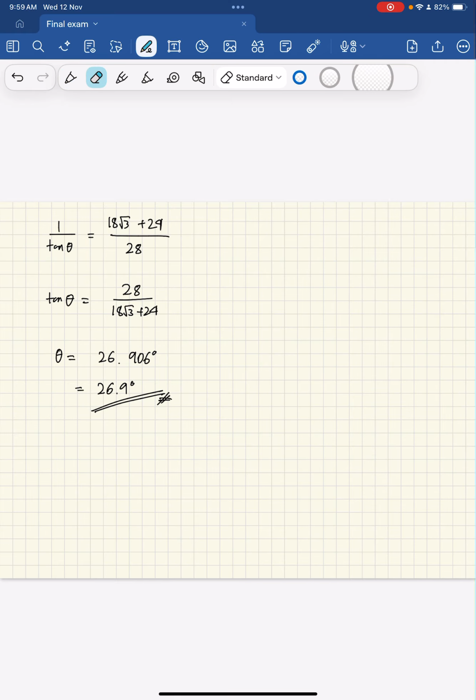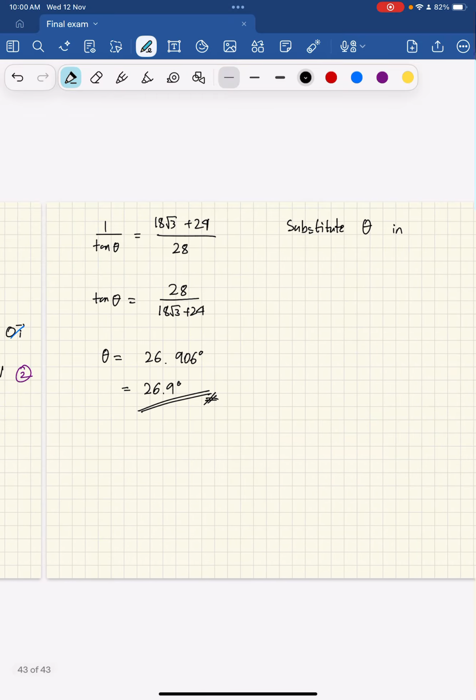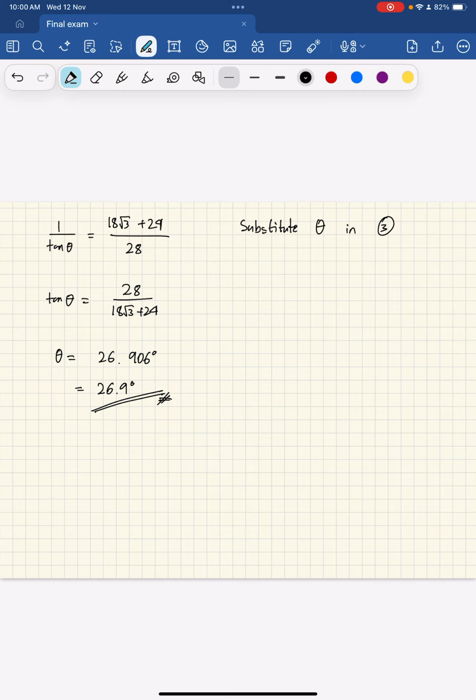Then for your force F1, we substitute theta in equation 3. So your magnitude for F1 is just 28 over sine 26.906 degrees.